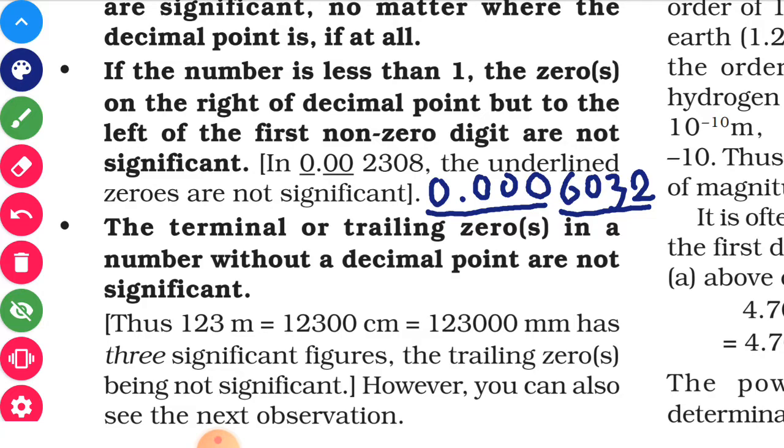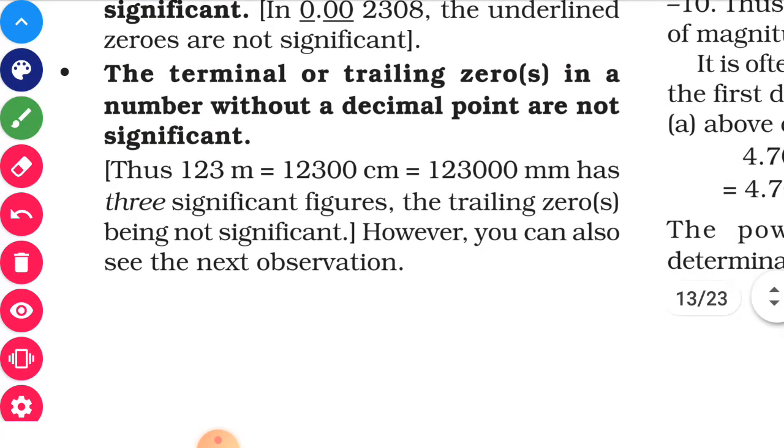The terminal or trailing zeros in a number without a decimal point are not significant. So trailing zeros are not significant. The example given is, say, 123000 millimeter is written.